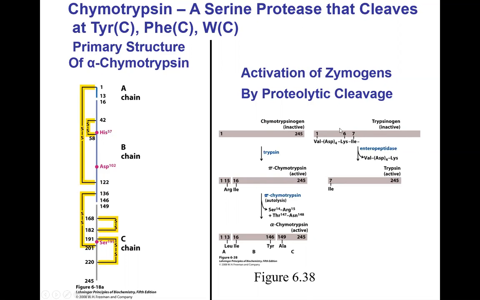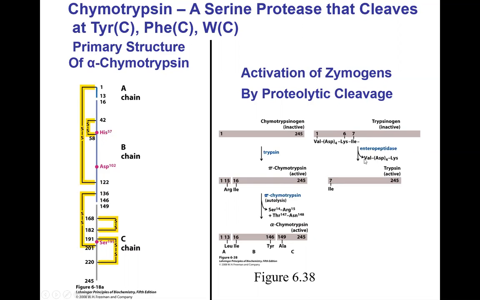It turns out that trypsinogen is also stored in the inactive zymogen form. It is activated by what we call enteropeptidase, which will remove the 6 amino acids from the N terminus.